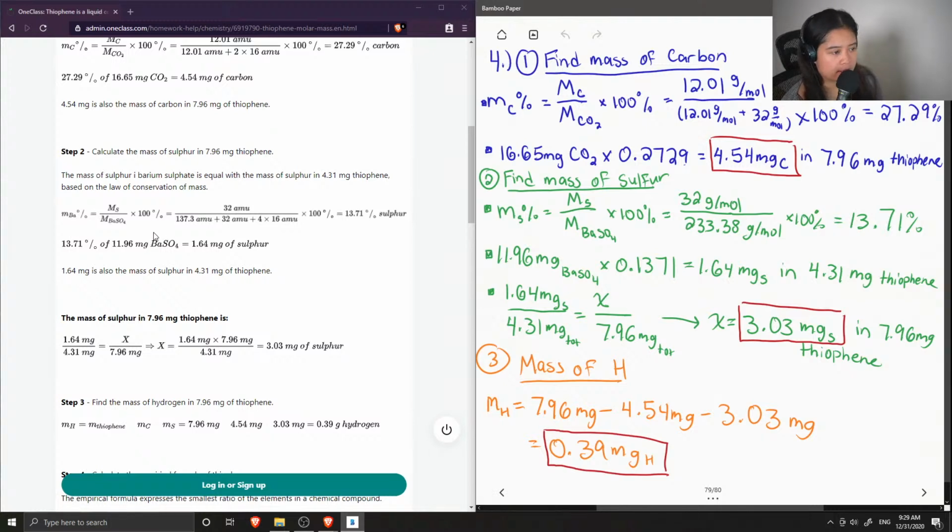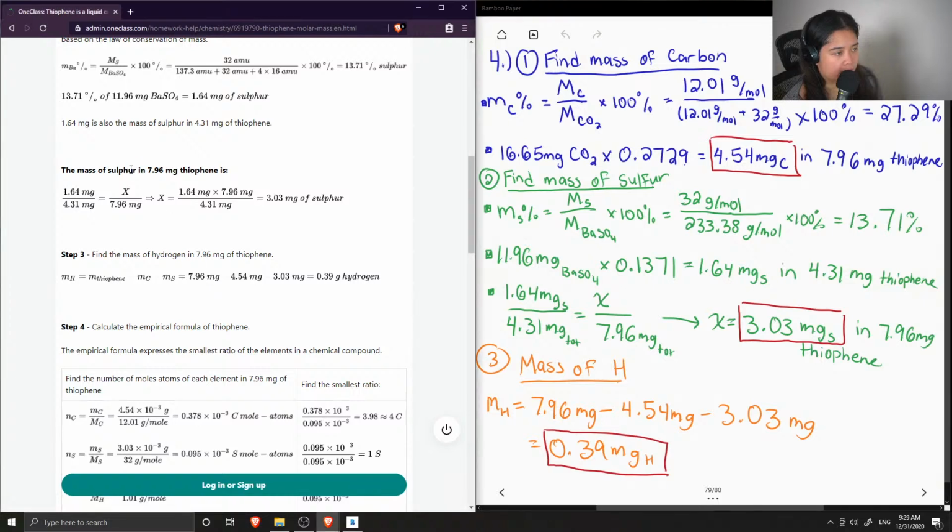But anyways, they still did the correct math and got 13.71% sulfur. So that means 1.64 milligrams of sulfur is in the 11.96 milligrams of barium sulfate and also in 4.31 milligrams of thiophene.